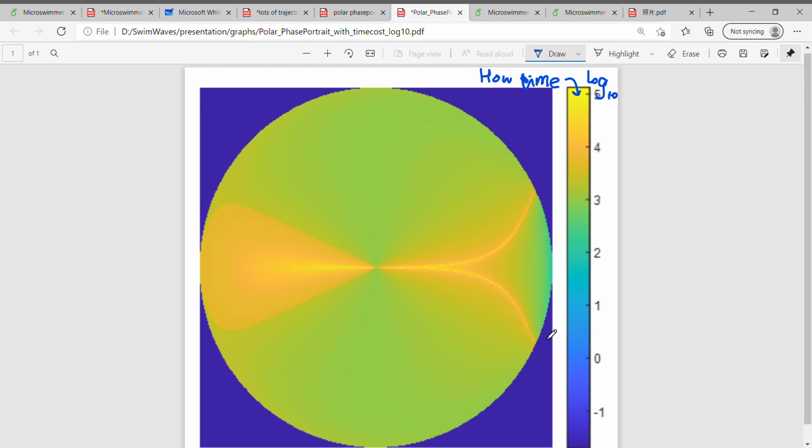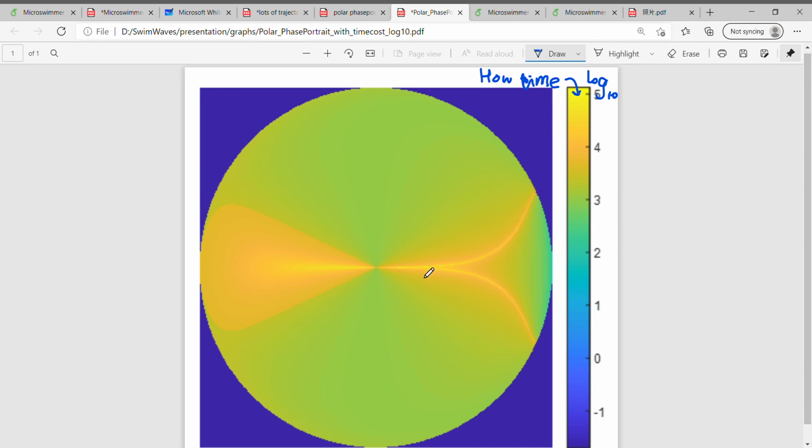You can see that these trajectories cost much more time than any other trajectory. It's maybe 100 times more, or at least 10 times more, because these swimmers can go very deep and adjust their orientation there.